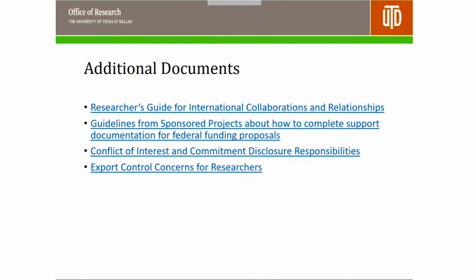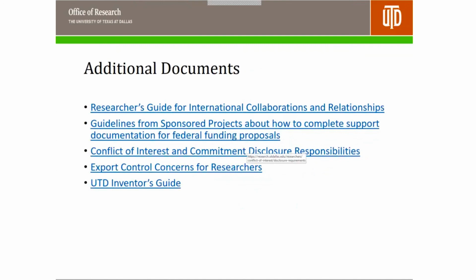I've also included some links to pages from the Office of Research webpage: the inventor's guide for intellectual property, export control concerns for researchers, and your responsibilities to disclose conflicts of interest and commitment not only to the university, but to federal funding agencies.